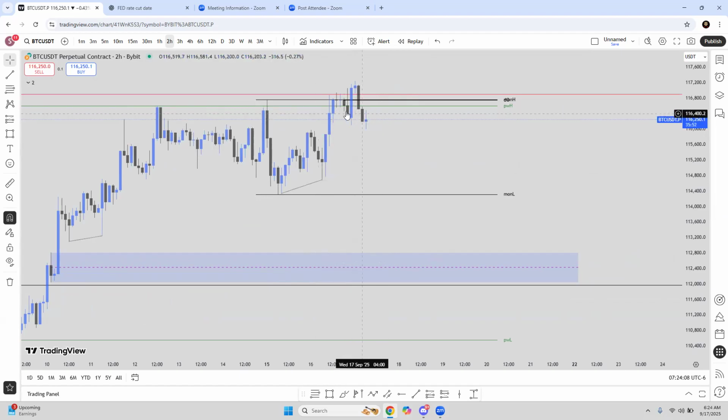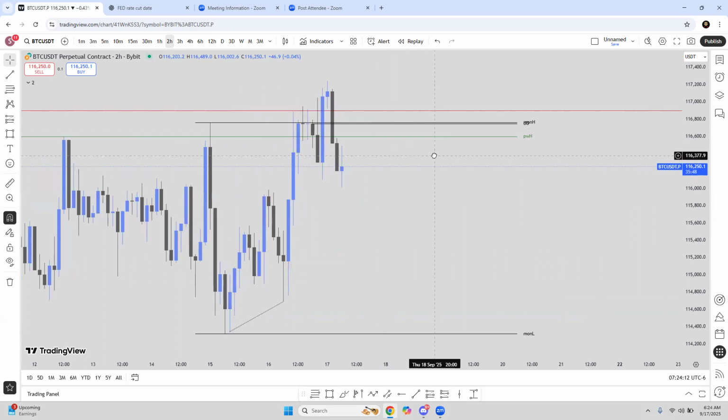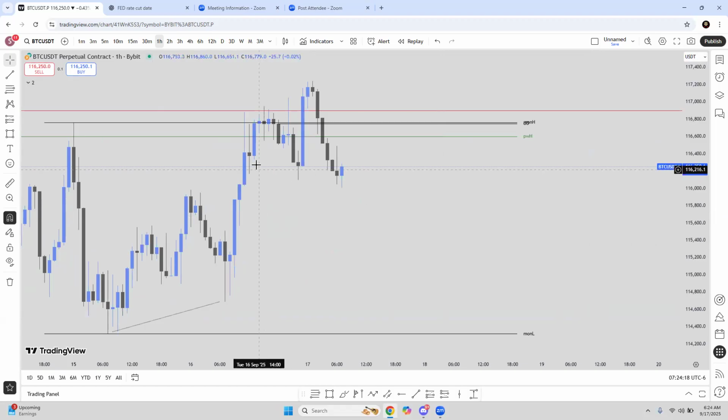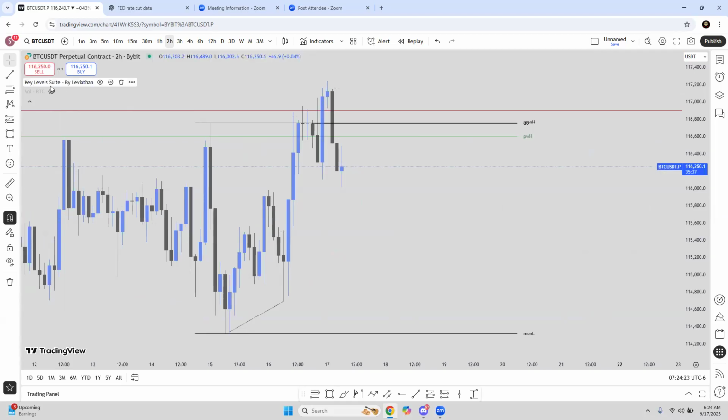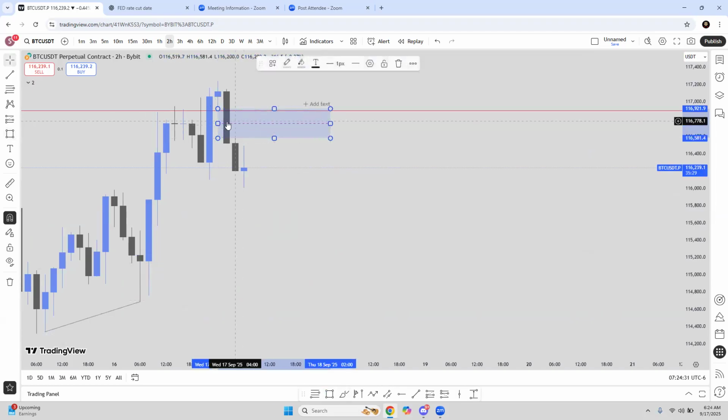So basically the lower time frame structure is showing me a short here. Monday low, till Monday low. I don't know if you guys got that structure by first looking at it, but I got it, which is this FVG here.